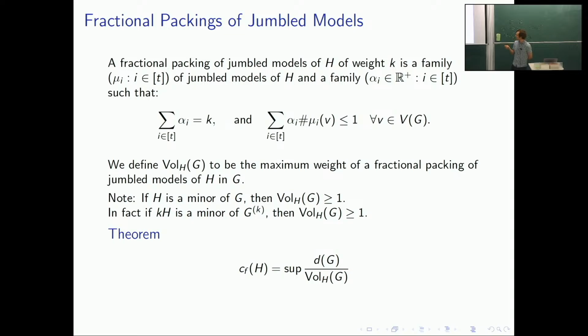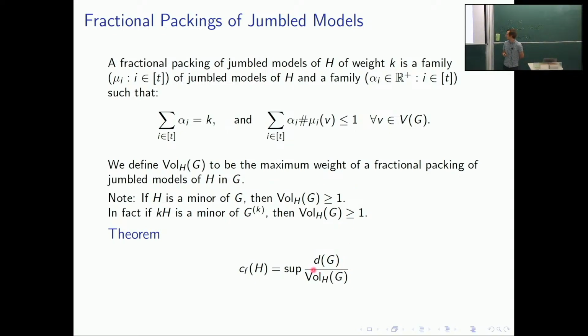So if the H volume is strictly less than 1, then what we know is that the kth blow up of G does not contain KH for any value of k.